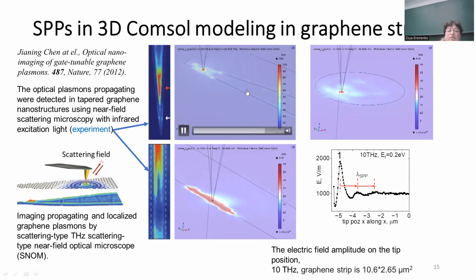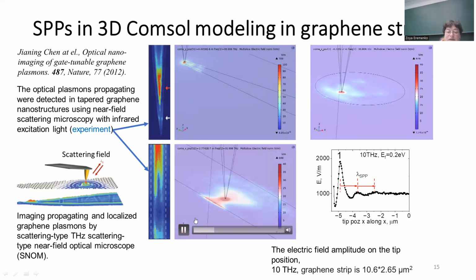It shows that this modeling is very similar to the experimental one from this paper. And this is the rectangular sheet of graphene, and also we have the same, maybe very good, agreement with the experimental data.